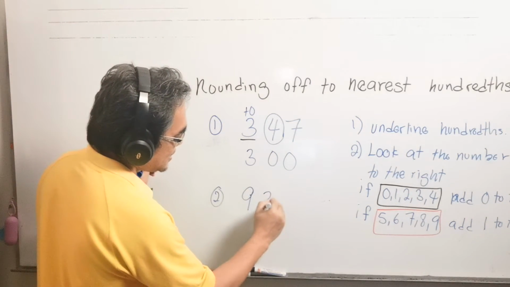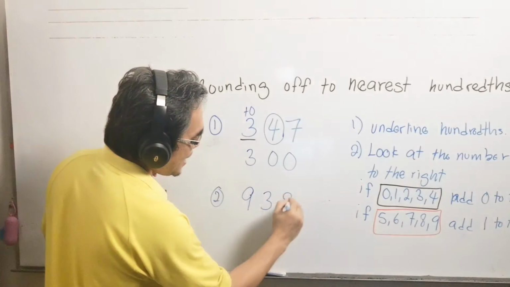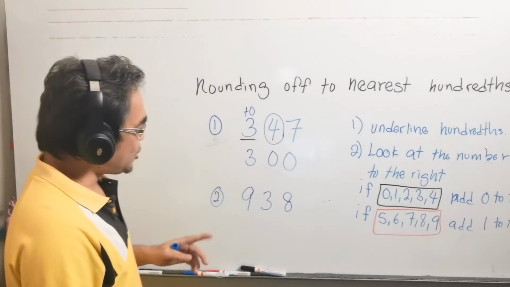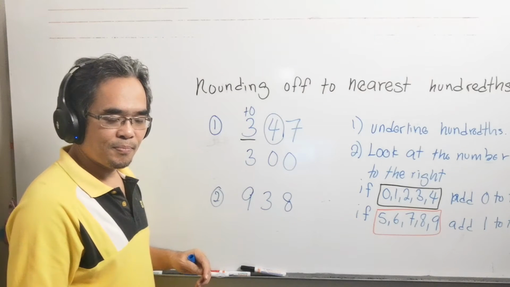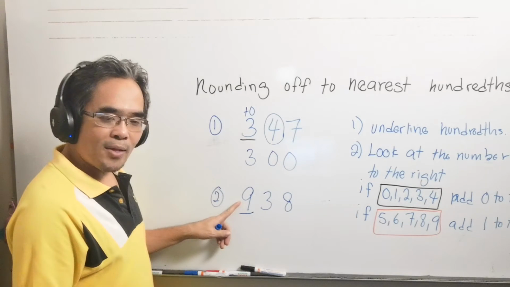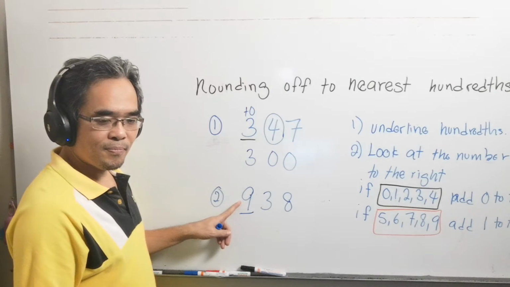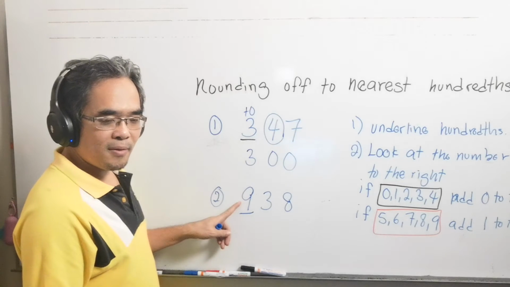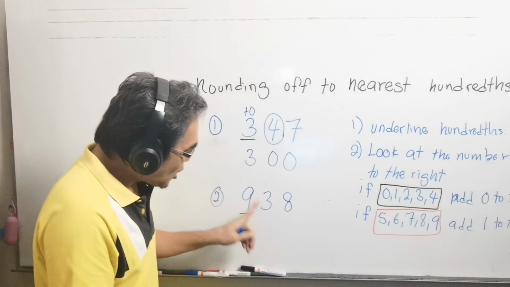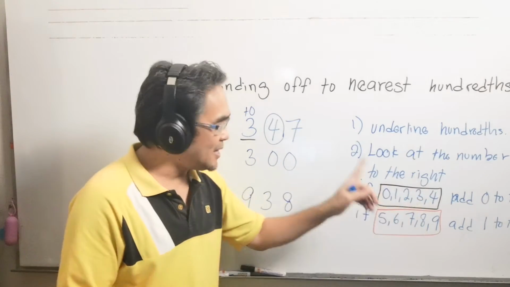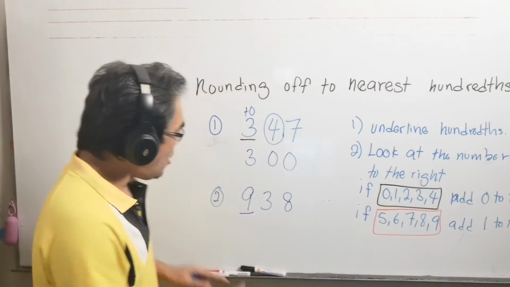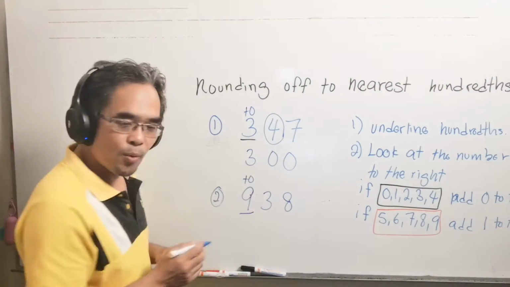938. Which one is 100? 9. Do I add 1 to 9? Why not? Yes, because 3 is in the color. Okay? It is either 0, 1, 2, 3 and 4. So you plus 0.